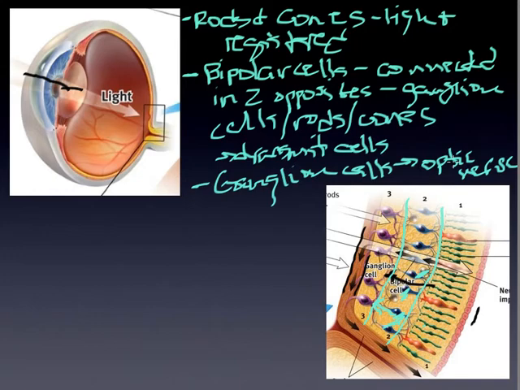Then the question is with all of this raw data, what happens to it when it comes up through the optic nerve? And what we have in the cerebral cortex, or the visual cortex, I should say, is something that we refer to as feature detectors.